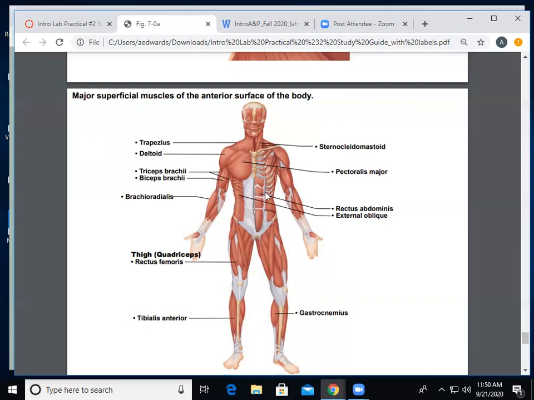Now in your abdomen, you have another couple of muscles we want you to know. We want you to know the external obliques. Okay. The oblique plane is more diagonal. So these are muscles that run diagonally in your abdomen. And just deep to this connective tissue structure right here are the rectus abdominis muscles.